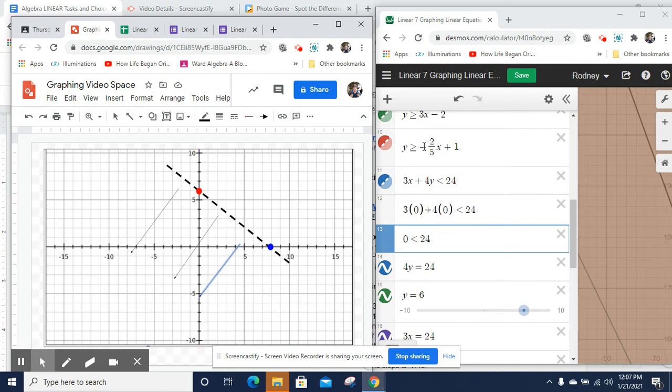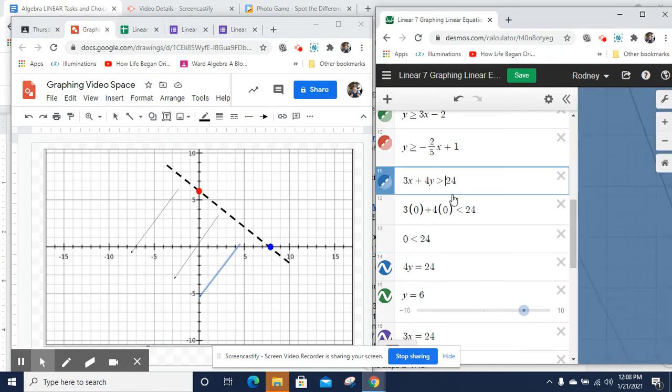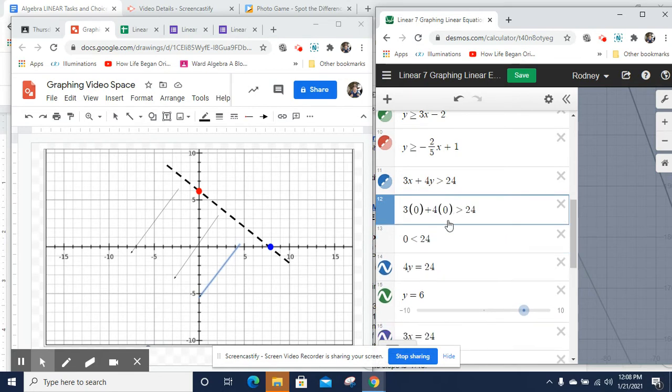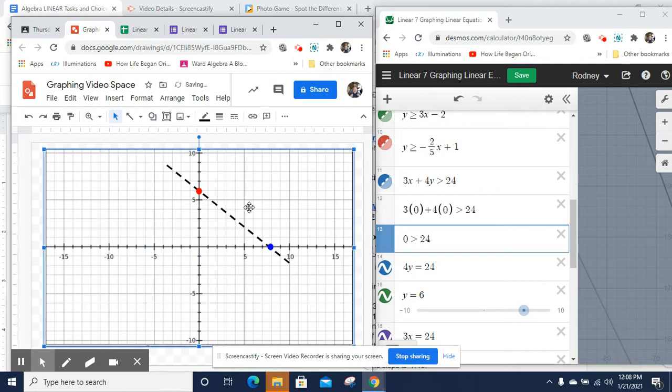If I had changed that inequality to greater than, then I'd be saying 0 is greater than 24, and I would no longer be shading that side. I would now be shading this side, because 0, 0 would be a fail in that situation.